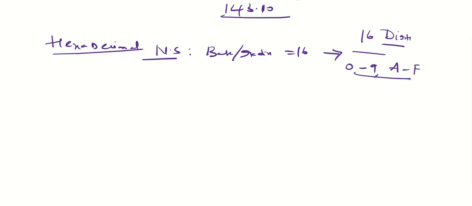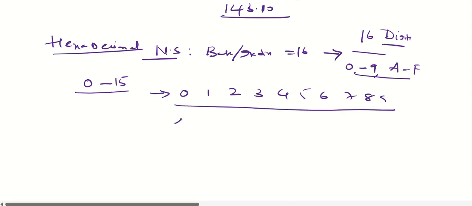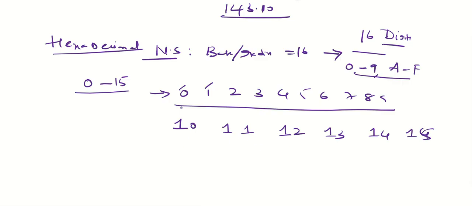So why is A to F coming into the picture? Maybe you have a doubt. See, when you see that the numbers are from 0 to 15, obviously there are 16 numbers. When you write 0, 1, 2, 3, 4, 5, 6, 7, 8, 9, there is no problem. When you write 10, 10 is a combination of 1 and 0, previous digits. The next numbers are combinations like 11, 12, 13, 14, 15, which are combinations of digits in the decimal system only.